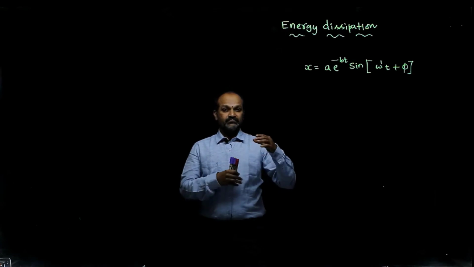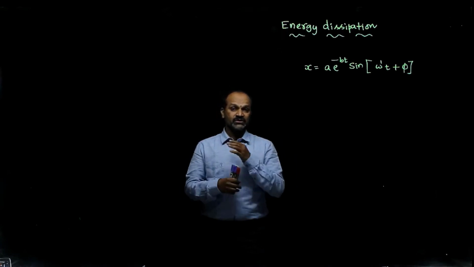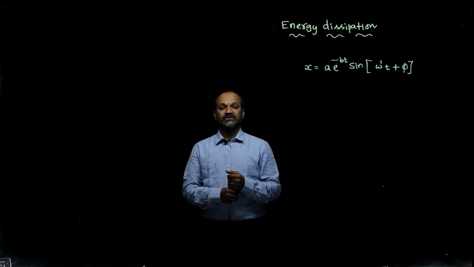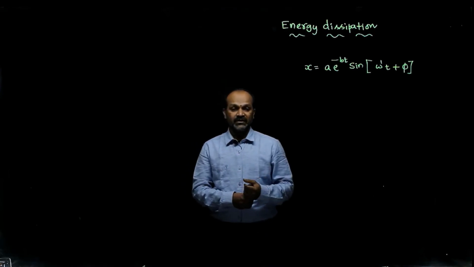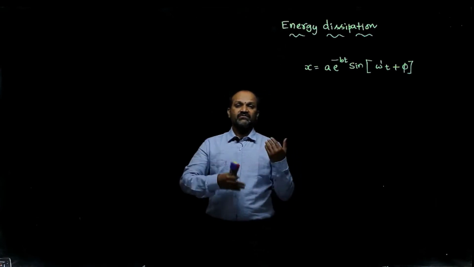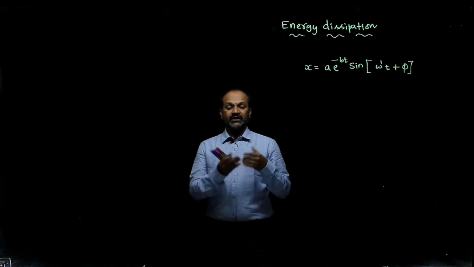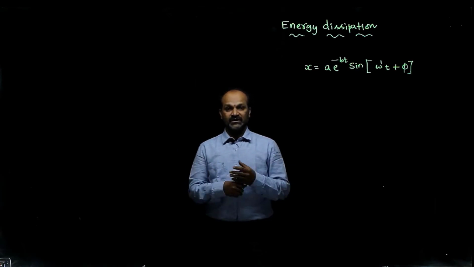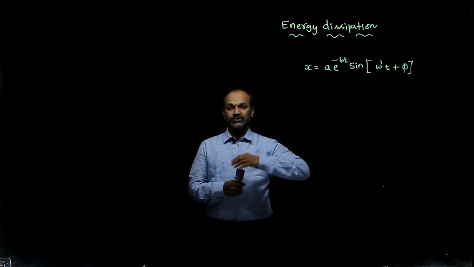When frictional forces oppose the oscillation of the damped harmonic oscillator, some work will be done against them. Whatever work is done against those frictional forces will be converted into heat, so energy loss, energy dissipation, will be there.